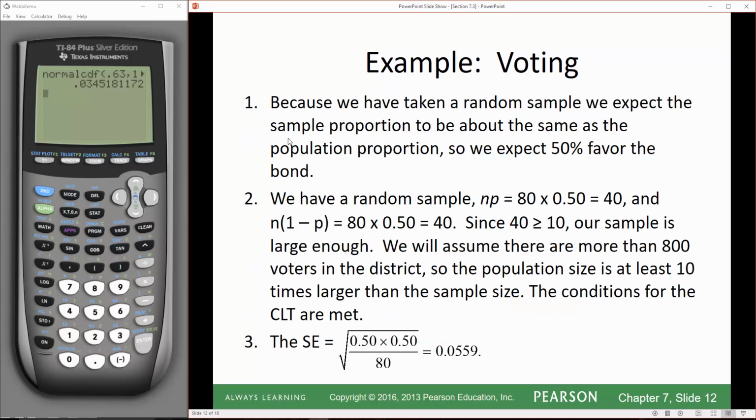So going through each one of these, number 1, because we have taken a random sample, we expect the sample proportion to be about the same as the population proportion. So we expect 50% favor the bond.